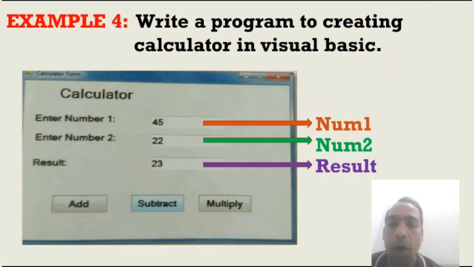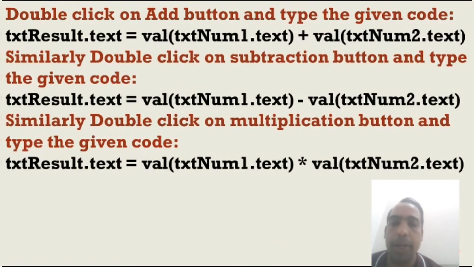Similarly, double click on multiply button and type this code. txtResult.text equals val of txt num1.text multiply val of txt num2.text. After that, you can run this program. Your output will come properly.